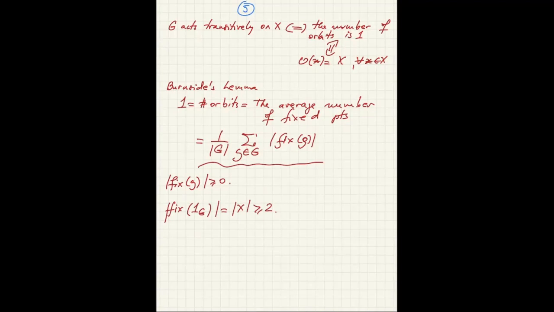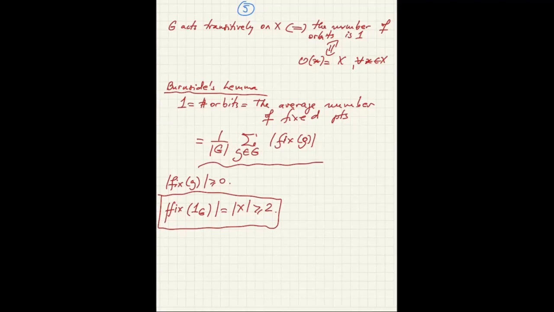So one of these cardinalities of fix of g has to be greater than or equal to 1, and one has to be less than or equal to 1. Theoretically speaking, all of them could equal 1, in which case we are still good. However, we have this element, the identity, where the cardinality of its fixed set is greater than or equal to 2, which is bigger than the average.